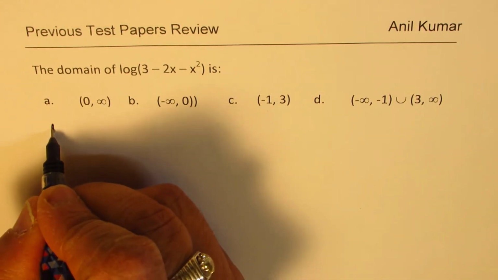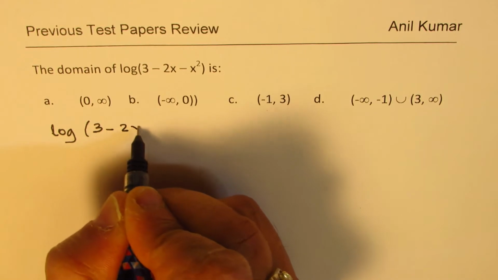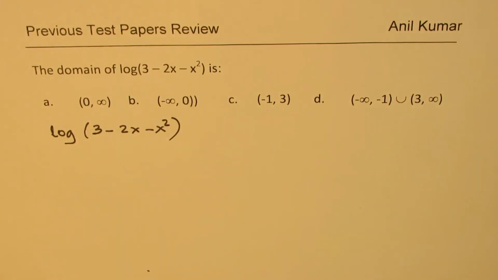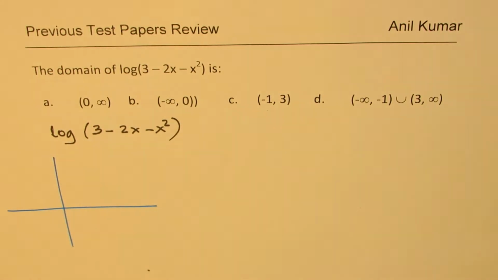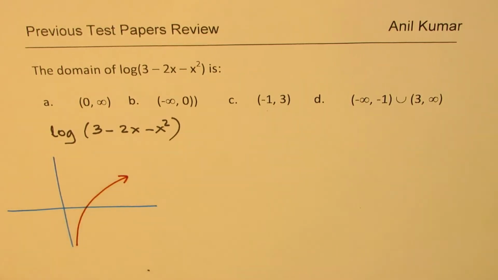So we have a log function. We have log of 3 minus 2x minus x squared. Now, you should remember that for any logarithmic function, let me just sketch one here. We'll just talk about concepts a bit, as it could be a good review for some of you. So log functions are kind of like this, right?